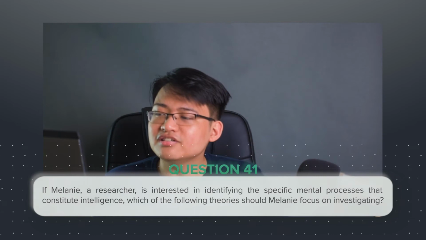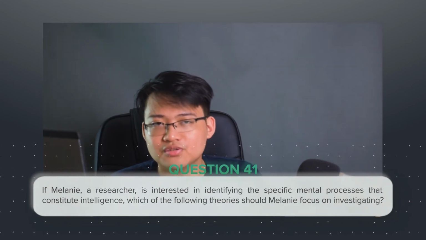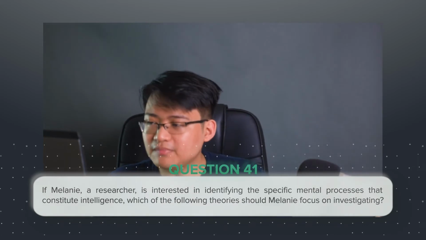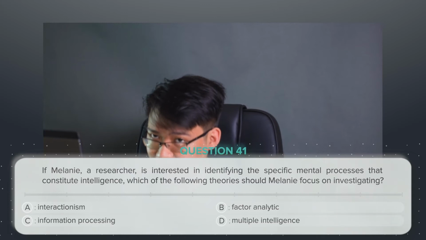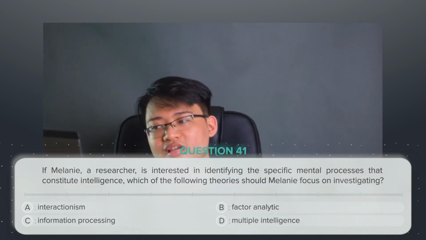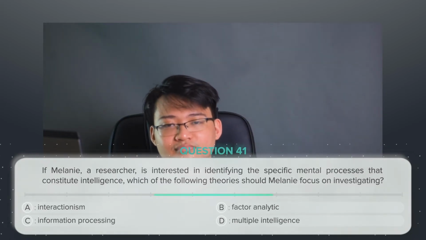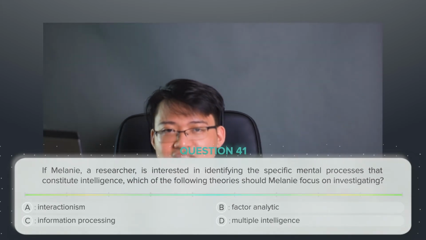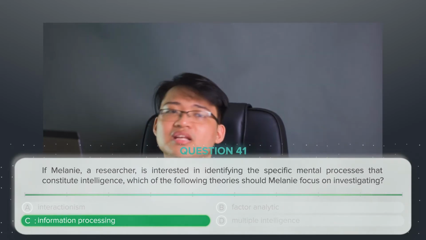If Melanie, a researcher, is interested in identifying the specific mental processes that constitute intelligence, which of the following theories should Melanie focus on investigating? A. Interactionism. B. Factor analytic. C. Information processing. Or D. Multiple intelligence. The correct answer is letter C. We discussed this already.